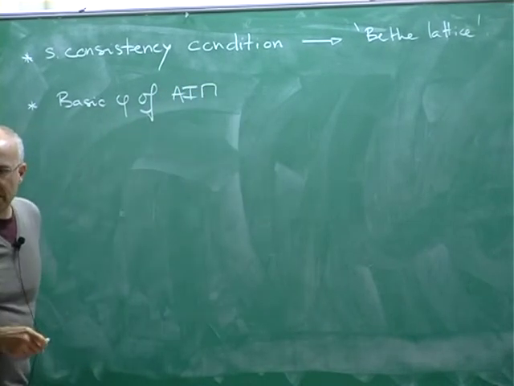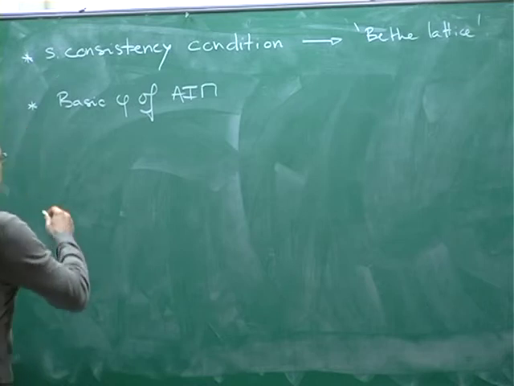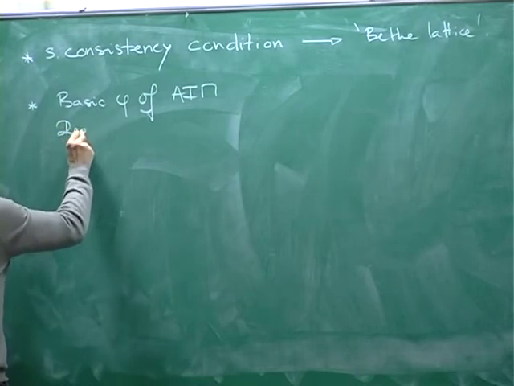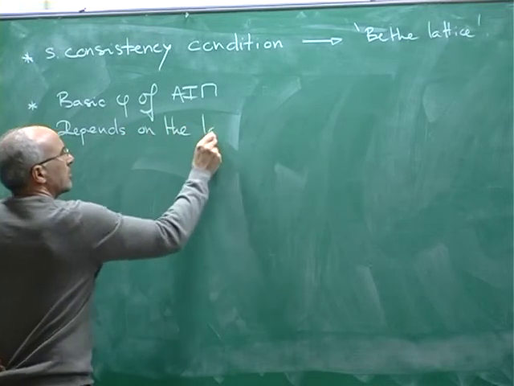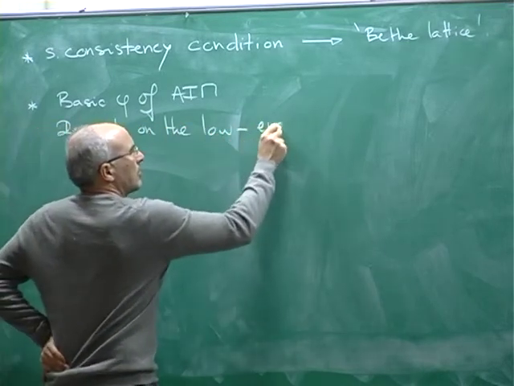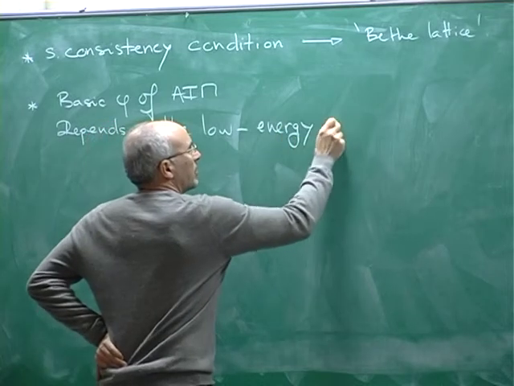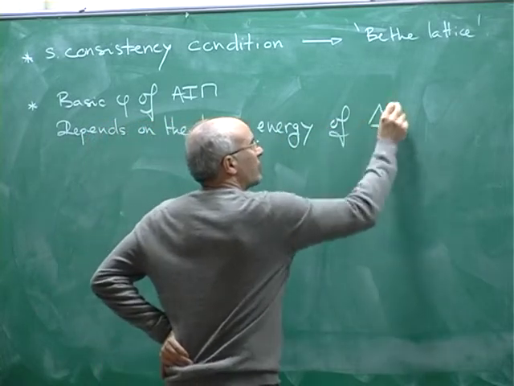Then I would like to go back to the basic physics of the Anderson impurity model. I would like to explain how this physics depends on the low energy behavior of the bath or of the hybridization function delta of omega.